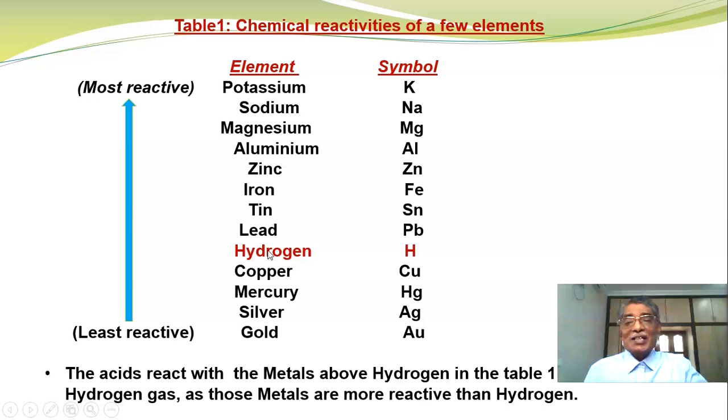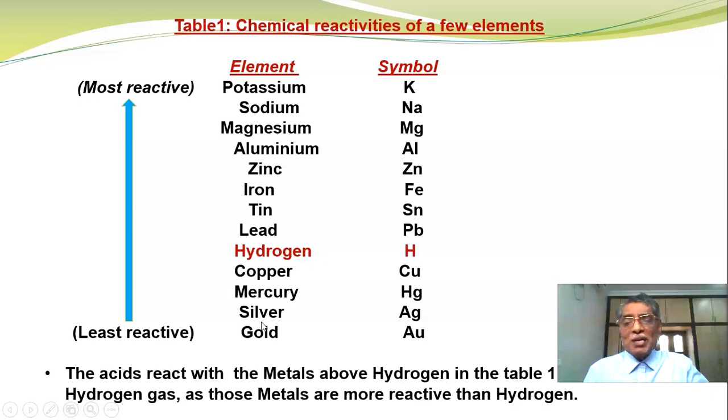You see here, the metals above hydrogen are more reactive than hydrogen. You have some more metals below hydrogen also: copper, mercury, silver and gold in the table.